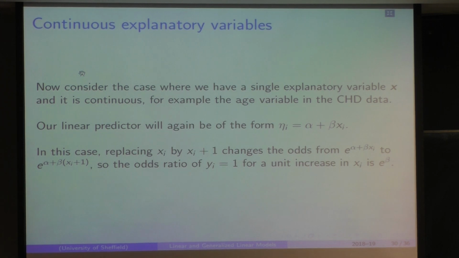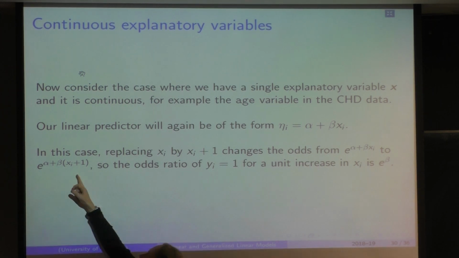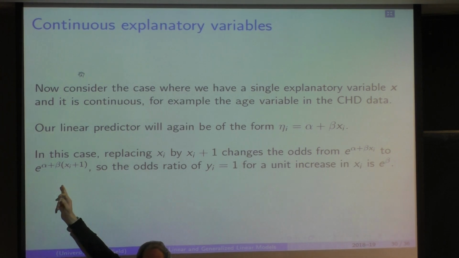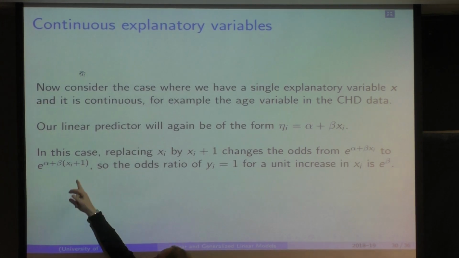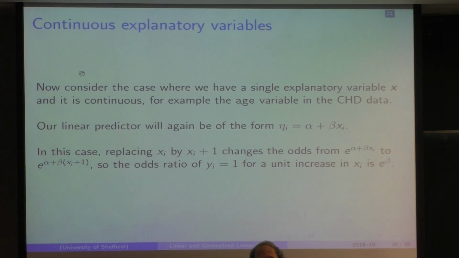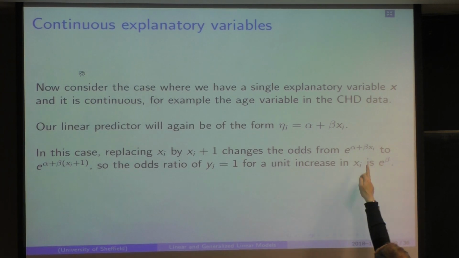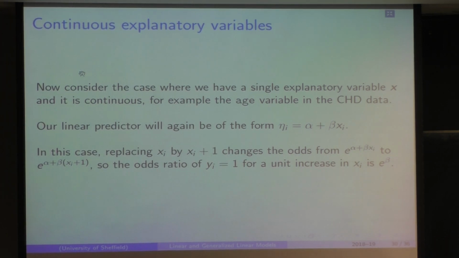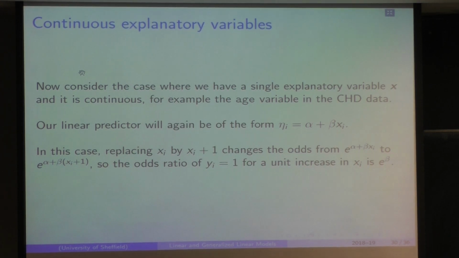Over here, we now have e to the alpha plus beta times xi plus 1. Those are the odds if the patient has age xi plus 1. These are the odds if the patient has age xi. So if we want to look at the ratio of the odds for the difference of 1 year in age, then we can simply divide that by this one.